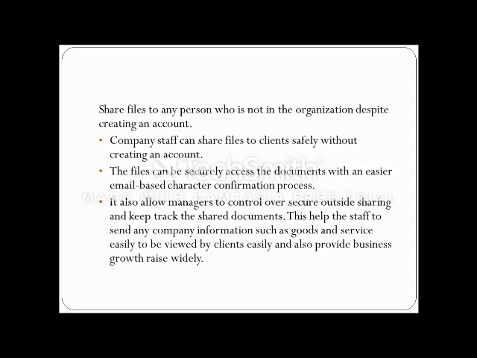It also allows managers to control secure outside sharing and keep track of the shared documents. This helps the staff send any company information, such as goods and services, easily to be viewed by clients, and also raises the business growth rate widely.